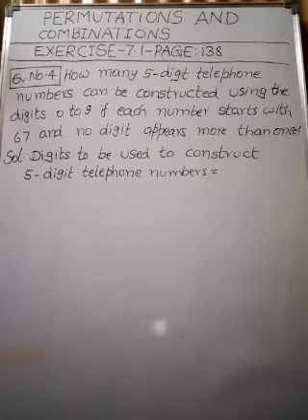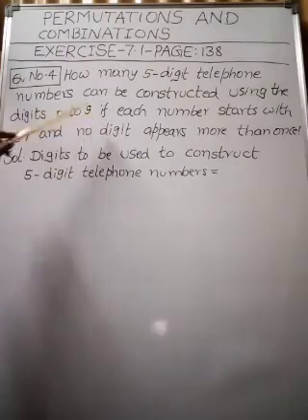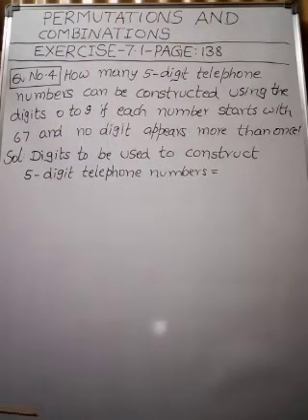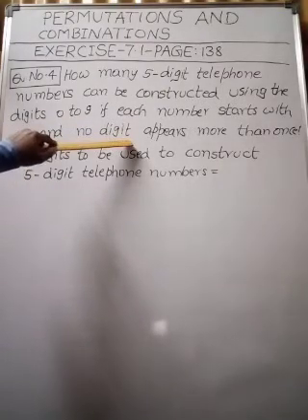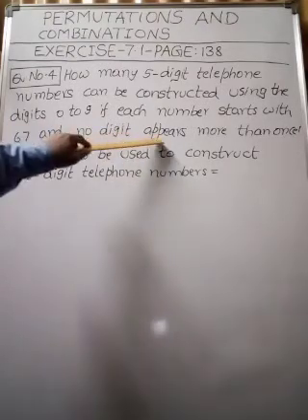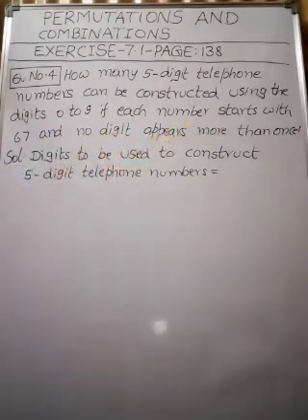Which digits should be used? 0 to 9. Okay, my children? And that 5-digit telephone number should start with 67. And this is another condition: no repetition. No digit appears more than once. Means no repetition. Repetition is not allowed.